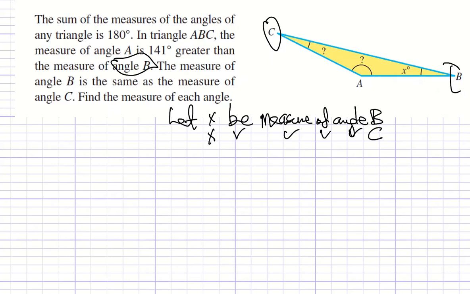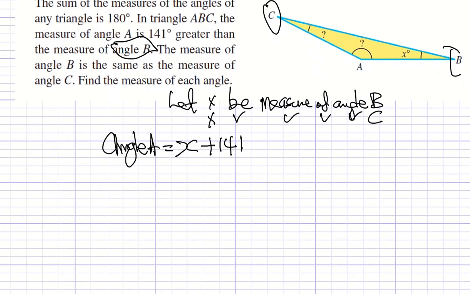And then, angle A is 141 greater than B. So that means X plus 141 is the measure of angle A. That's all this problem is saying.